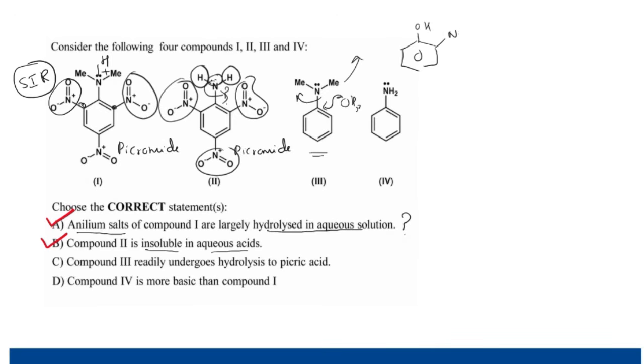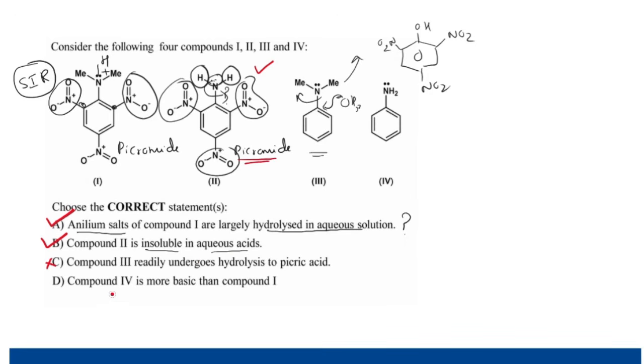What is picric acid? This is picric acid, right? There are no nitro groups on this molecule, so it will not undergo hydrolysis. So this statement is wrong. In fact, for the picramide molecule, if you do the diazotization followed by hydrolysis, then it will form picric acid. That's the reason it's called picramide.